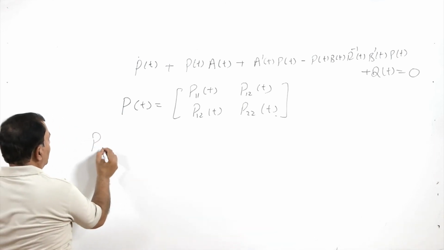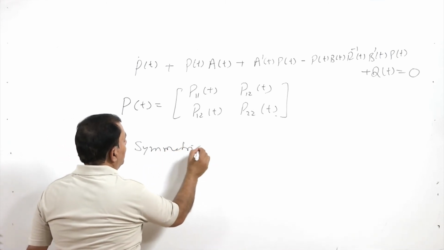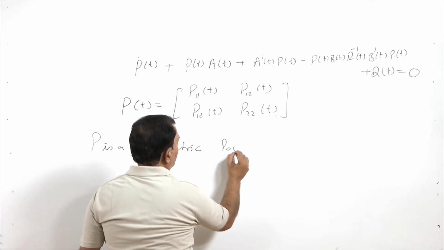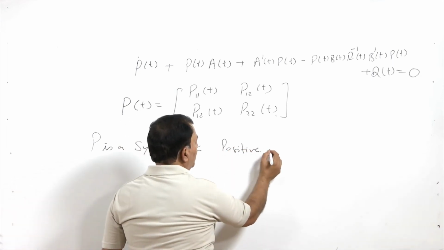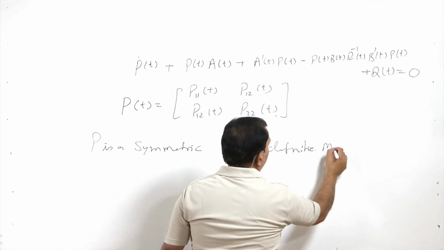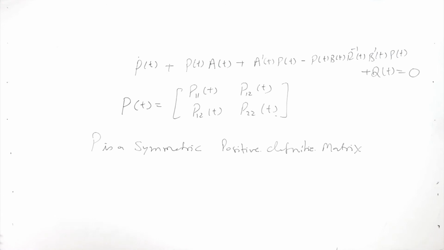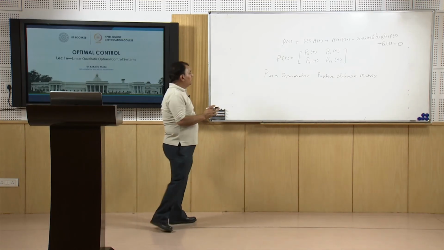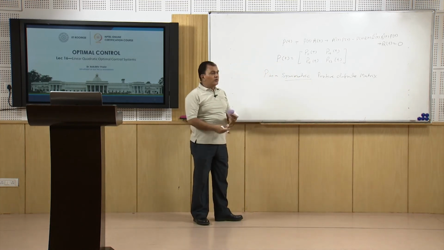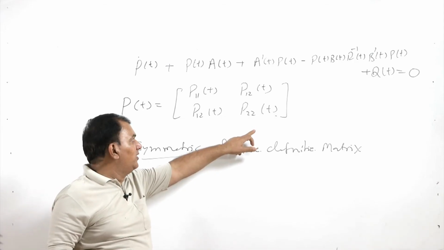P is a symmetric positive definite matrix. In the next class we will discuss why P is a symmetric matrix. So, just for our consideration we take this P as my symmetric matrix here.